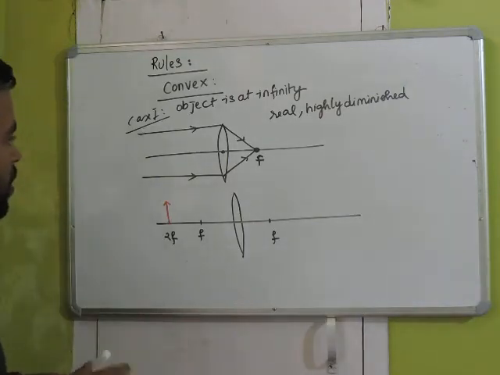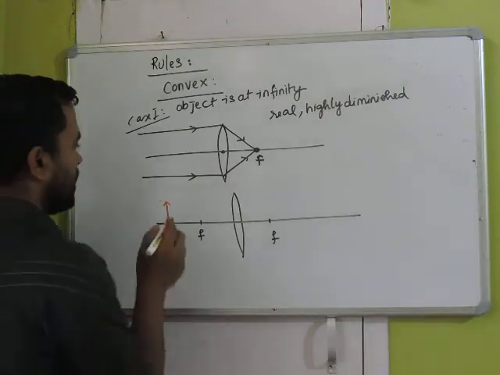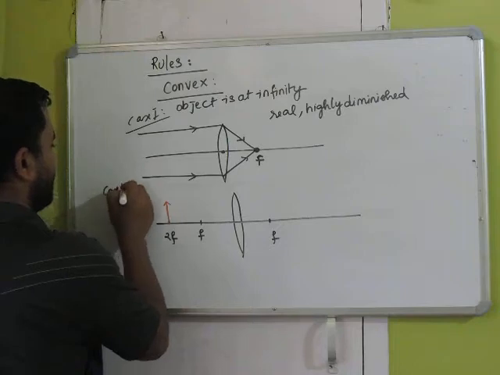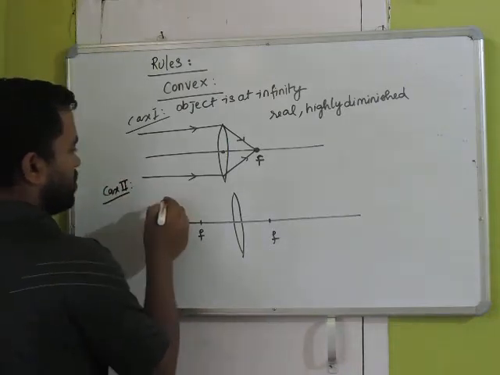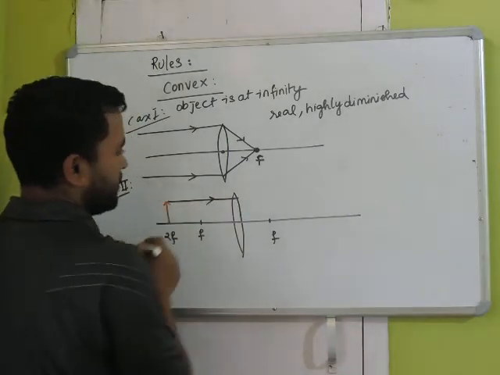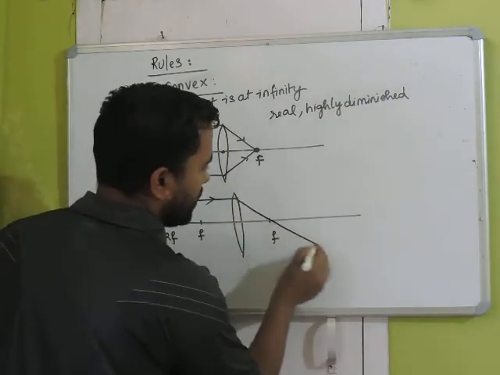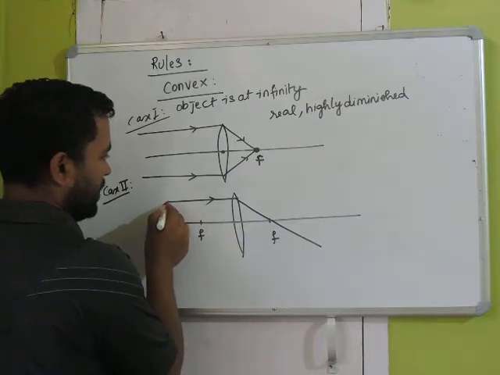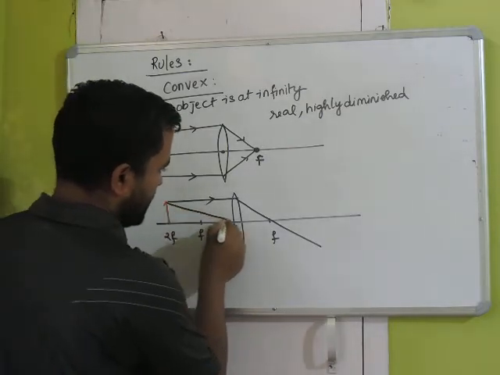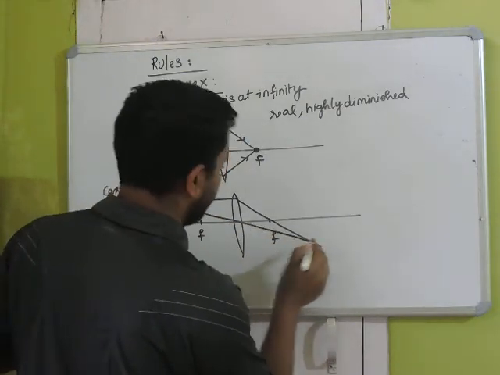Now what we are going to do, we are going to take two rays. This is case 2. So let us say this is one ray, it is passing through the focus. Fine. And I will take one more ray, let us say it is passing through the pole.